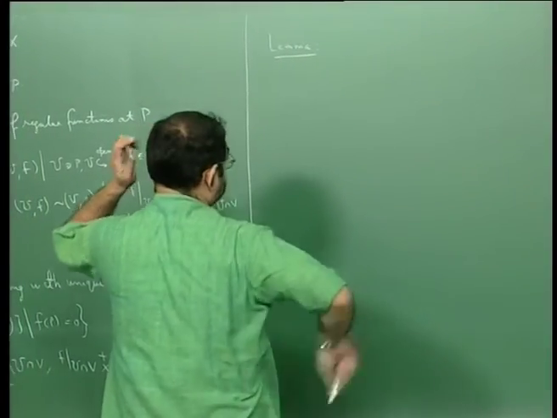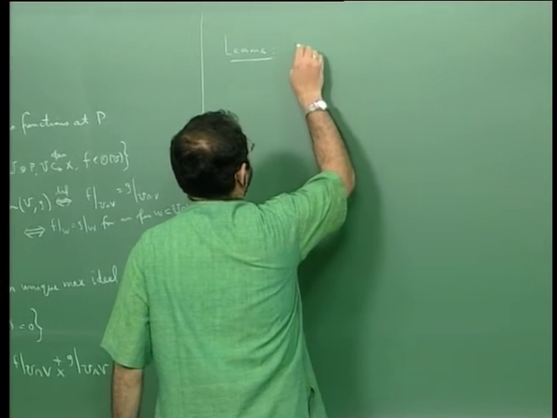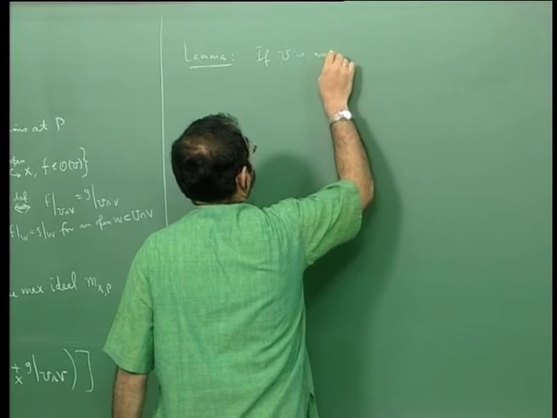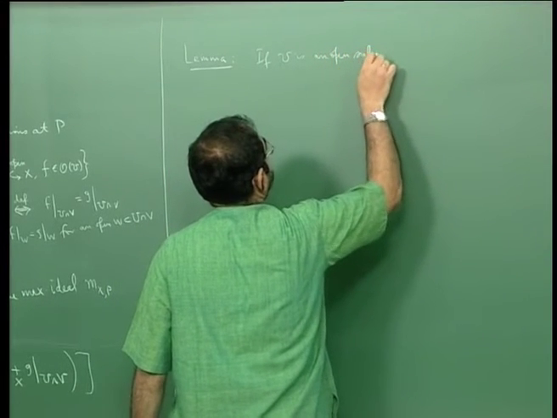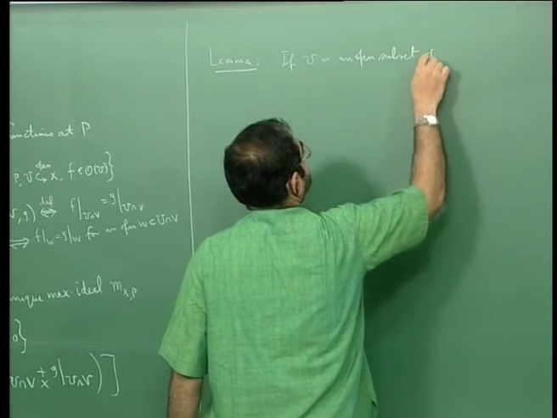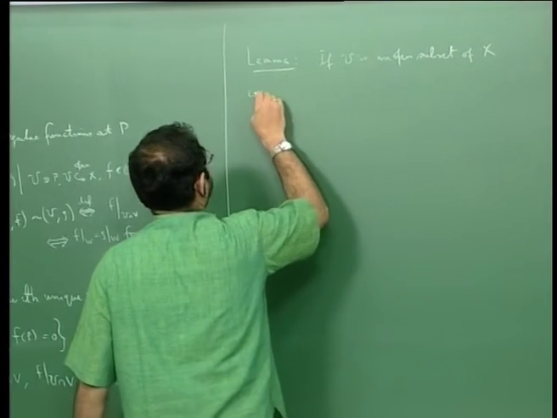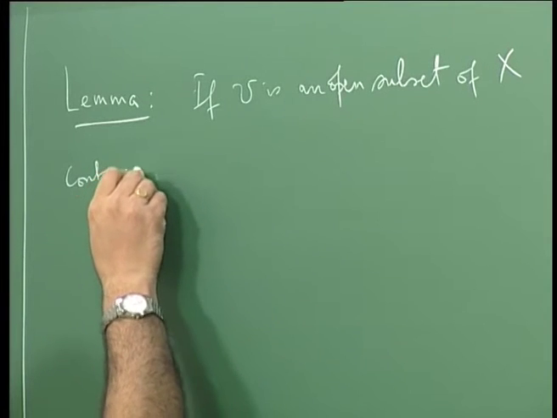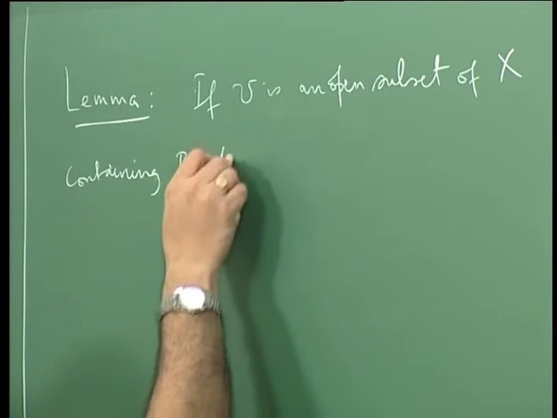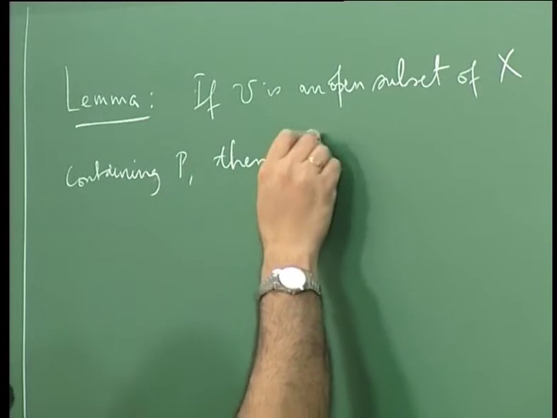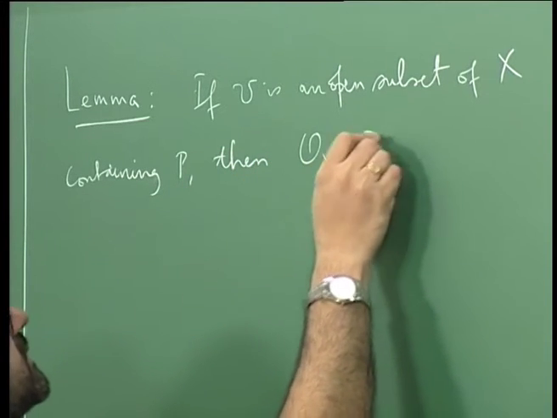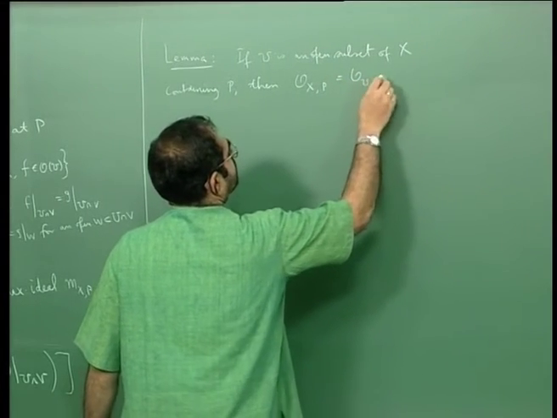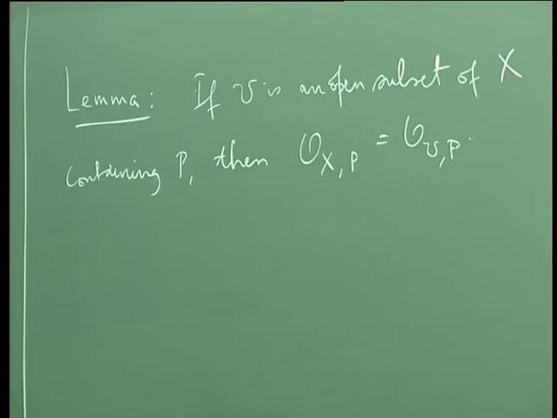Now the lemma is the following: if U is an open subset of X containing P, then O_{X,P} is the same as O_{U,P}.